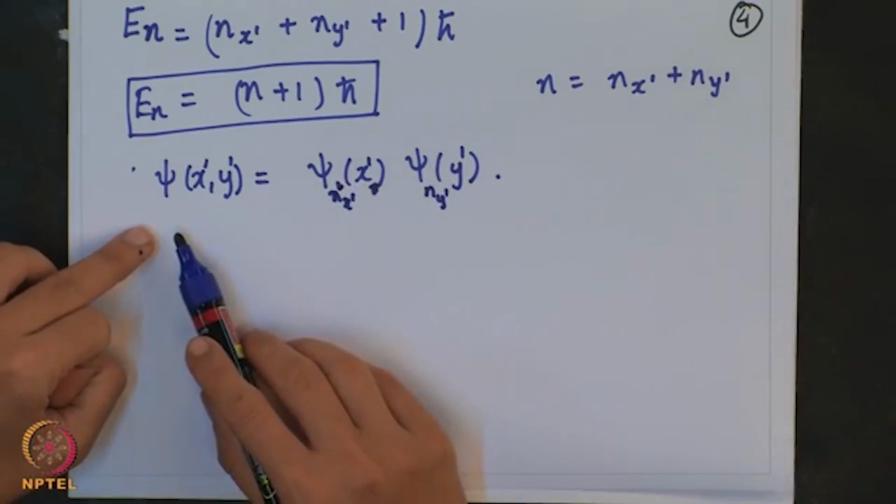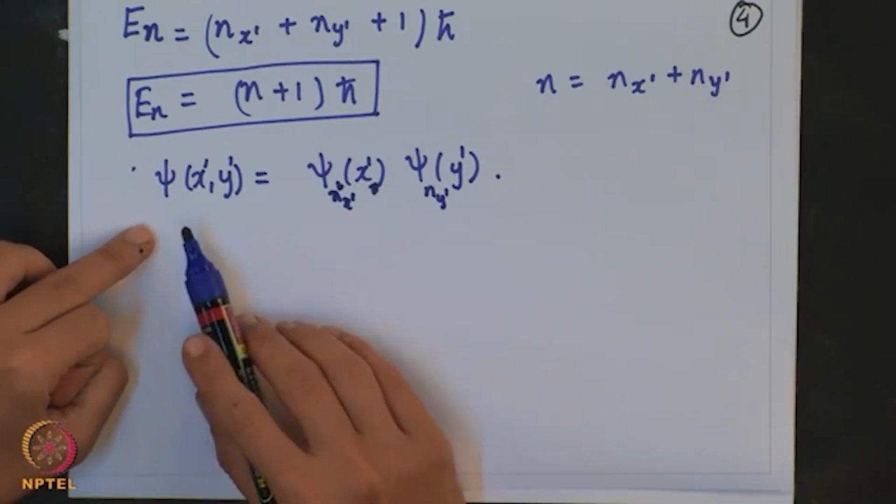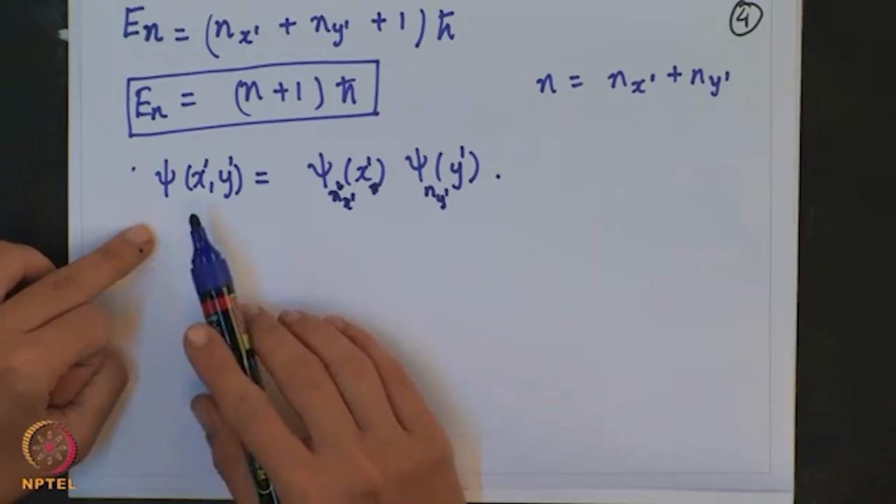The wave function is a function of two coordinates, x' and y', because you have a two dimensional wave function, and since the system is two dimensional, we can separate out the variables as a function of x' only or y' only.